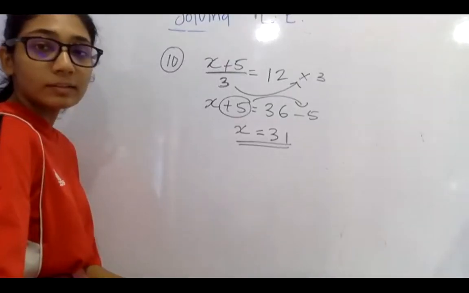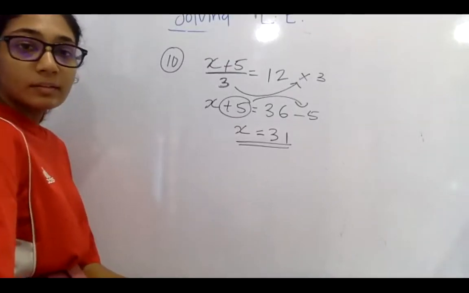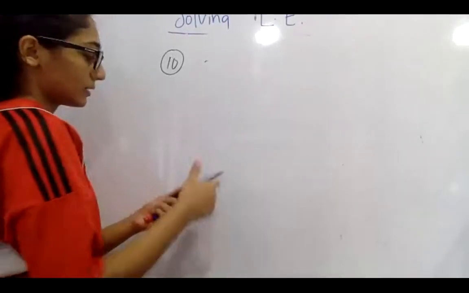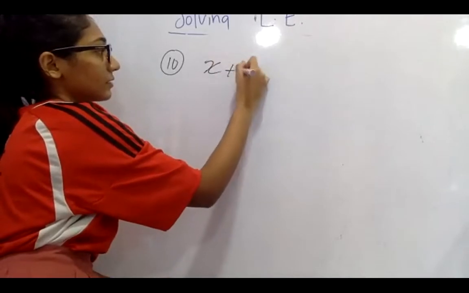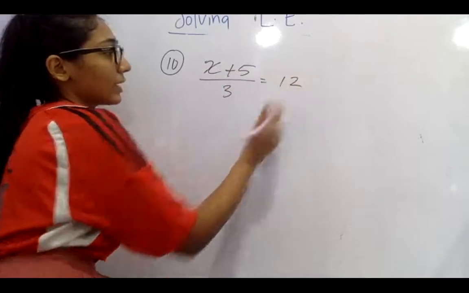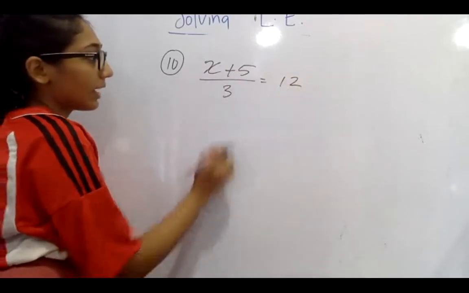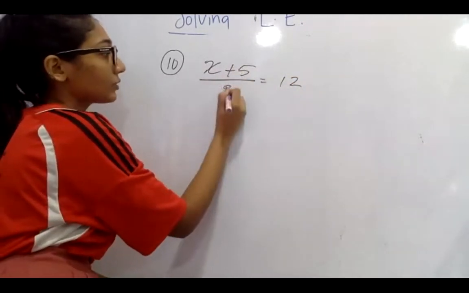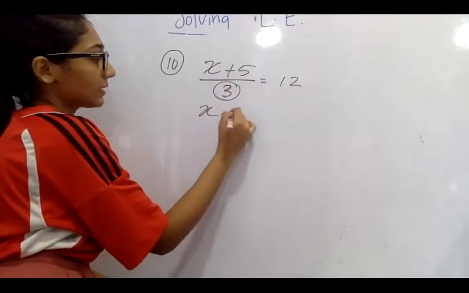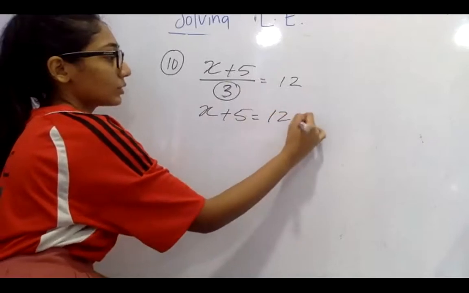Sorry, I think y'all didn't see my board. Okay, let me do that again. x plus 5 over 3 equals 12. The whole thing is over 3. So you move the bottom one first. So x plus 5 equals 12 times 3.